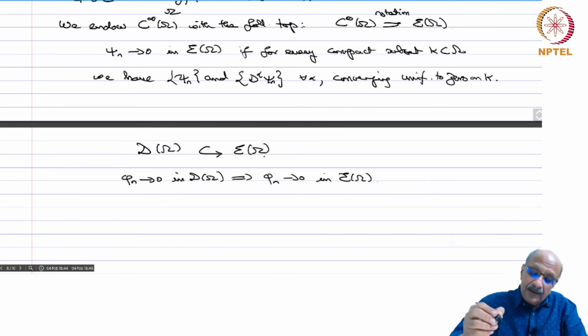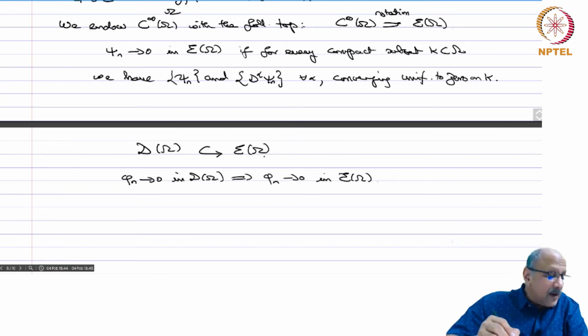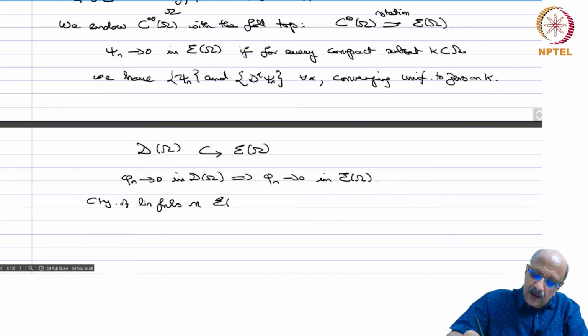Okay, and this topology on E of omega is again a Frechet space, which means it is induced by some metric, and therefore continuity of linear functionals on E of omega is also decided by sequences.